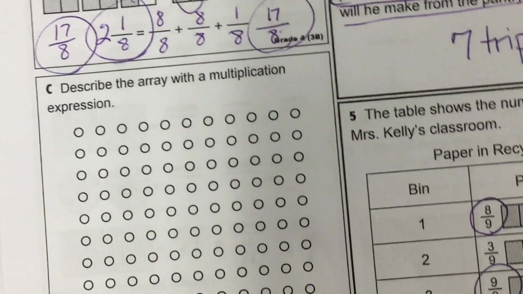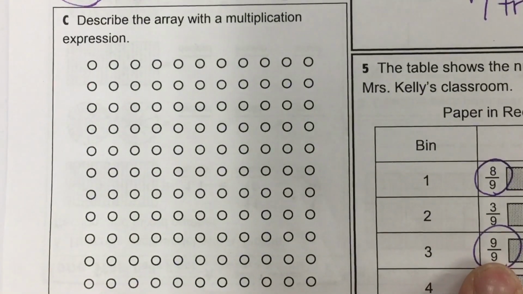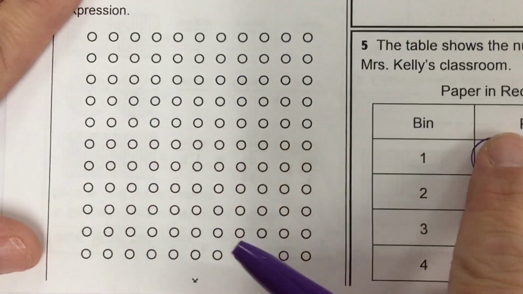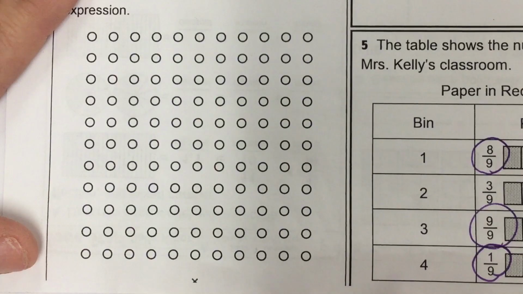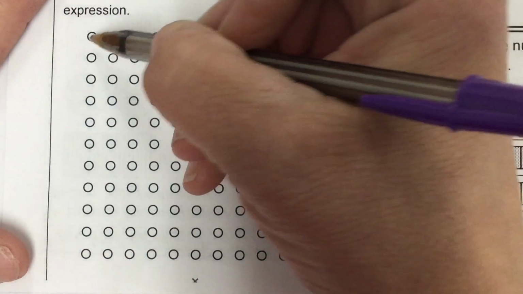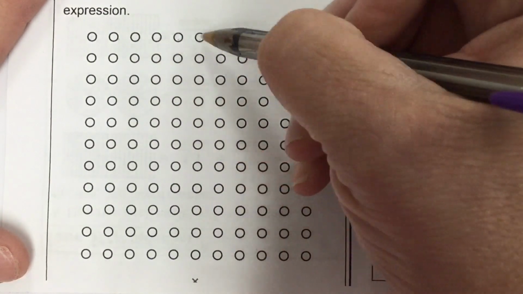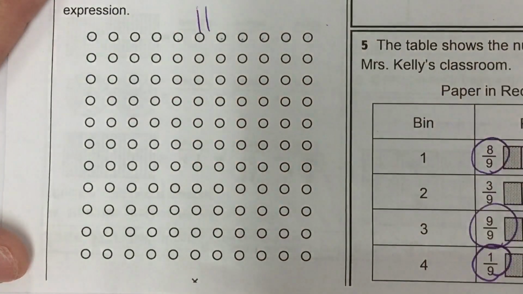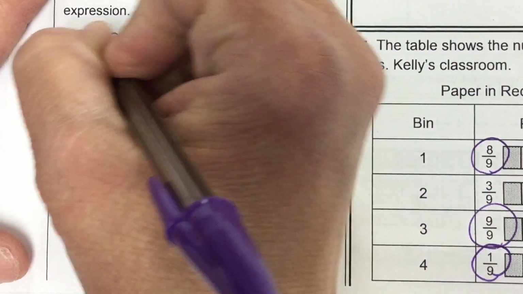Okay, the last one, C, says describe the array with a multiplication expression. All right, so if I'm looking at this as an array, I'm looking for vertical and horizontal. Well, horizontally, which is across, there's 1, 2, 3, 4, 5, 6, 7, 8, 9, 10, 11 going across.